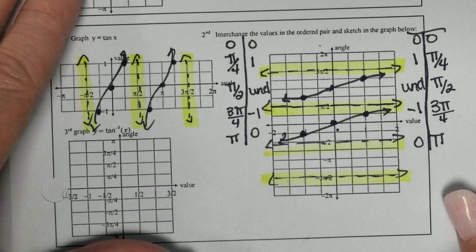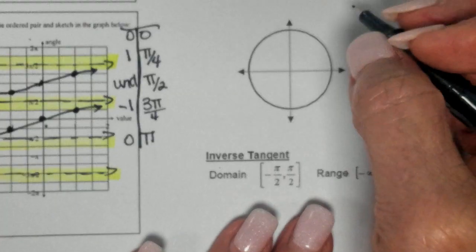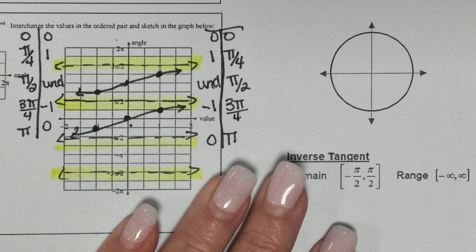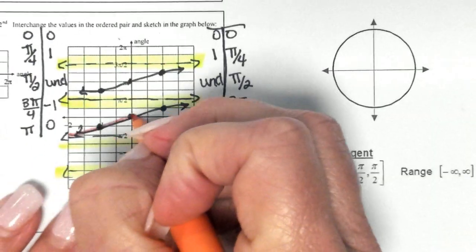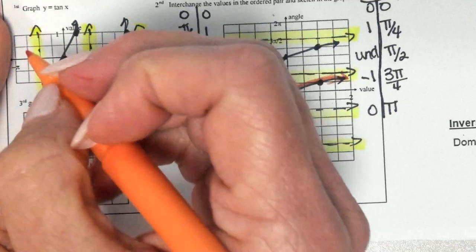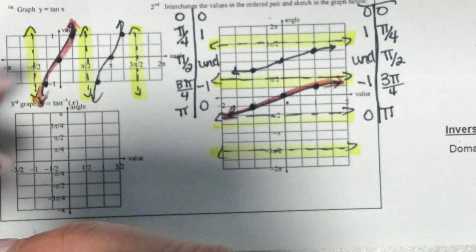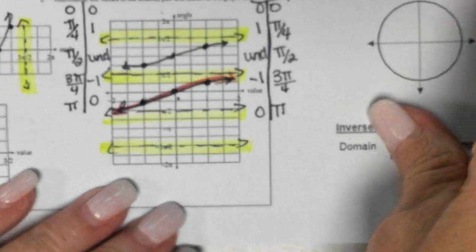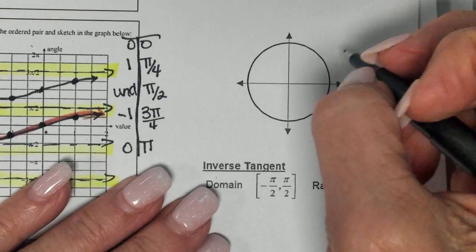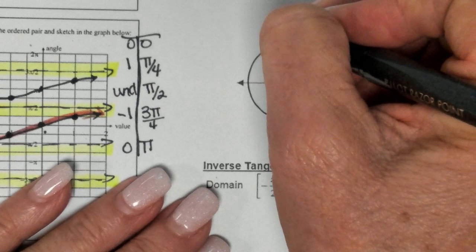So take a look over here at your unit circle. Since we had to restrict our tangent function to negative pi over 2 and positive pi over 2, so that our inverse would be a function, we're going to show that on the unit circle. So we've got 0. Up here we've got pi over 2.